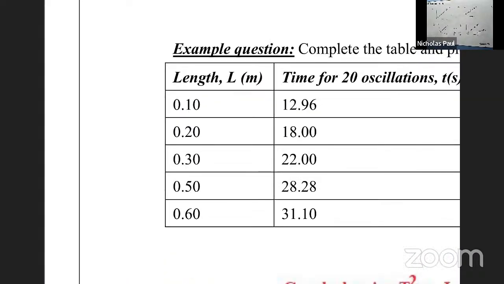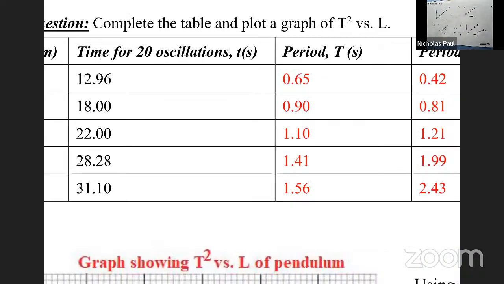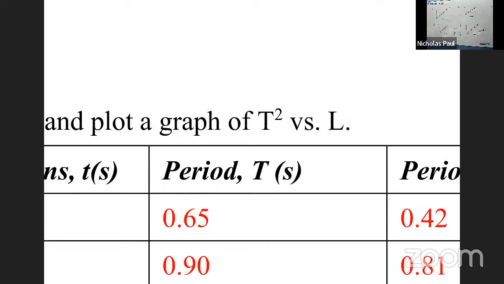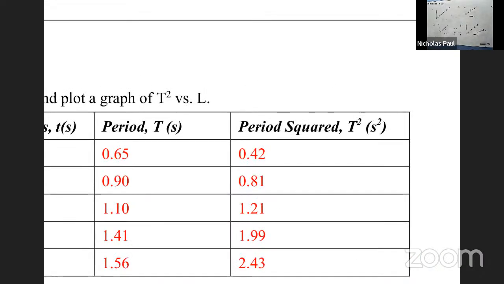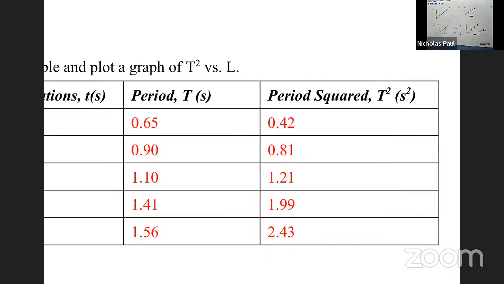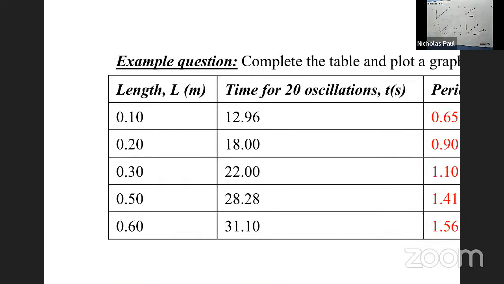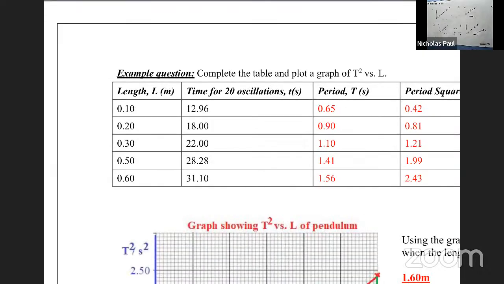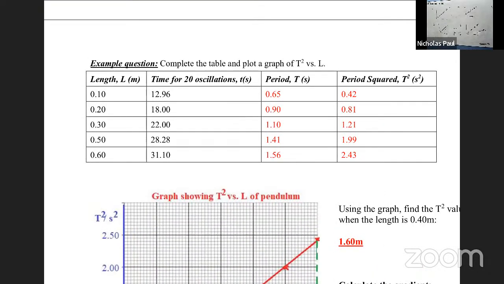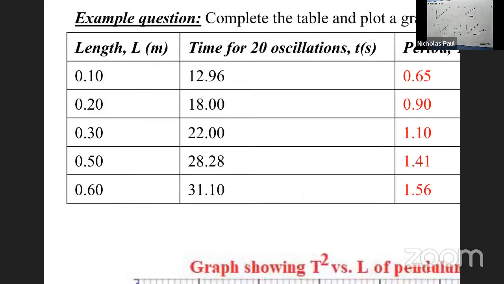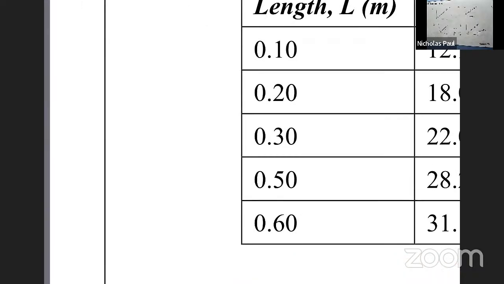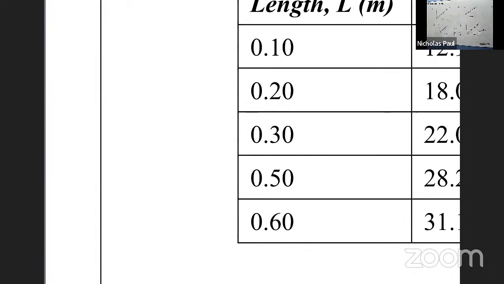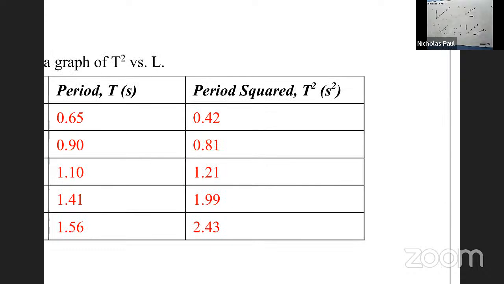So here's what we're going to try to do, right? We're going to try to plot a graph of t squared versus L. Okay, these are your t squared values, and these are your L values in the beginning. So just do me a favor, don't write the whole table, right? Just write the length values, these values here, 0.1, 0.2, 0.3, 0.4, 0.5, and write these values here.